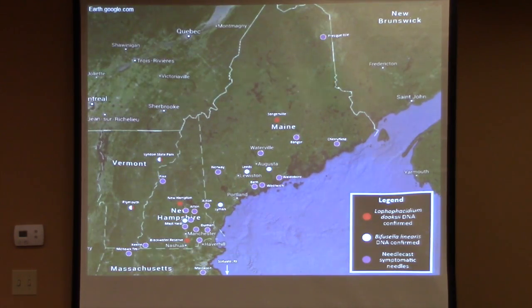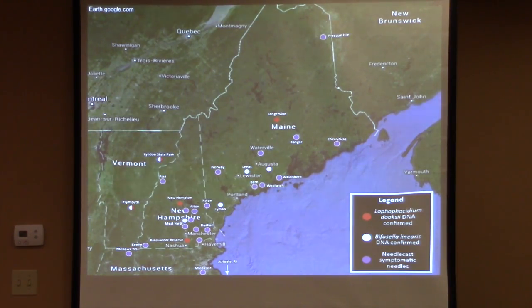This is a map that shows the spread of Lophophacidium dooksii and Bifusella linearis. I put these two together because their symptoms and sexual fruiting structures are very similar, hard to tell apart, and it is also hard to get DNA confirmed sightings of these as they're both biotrophs, so they don't grow on agar.